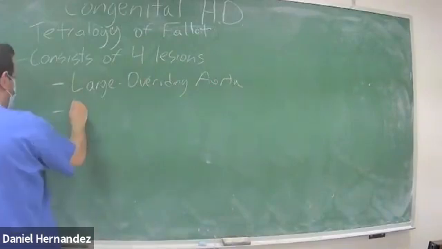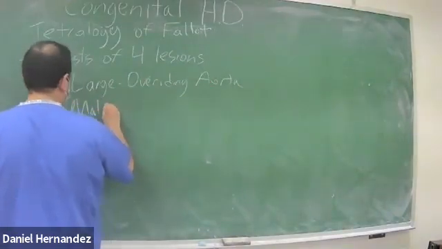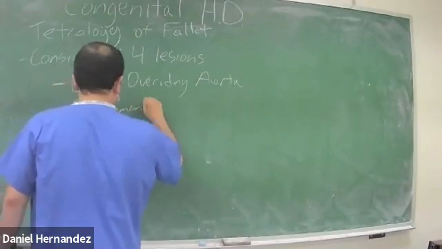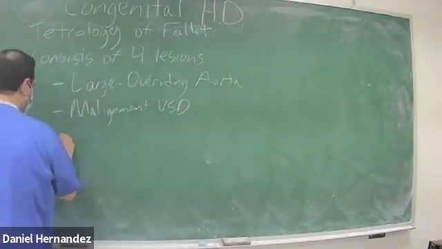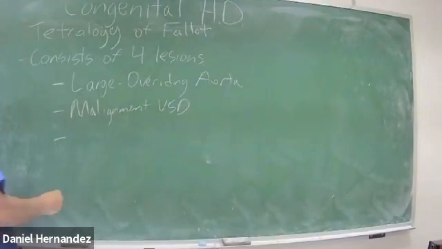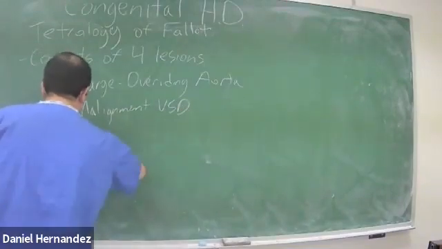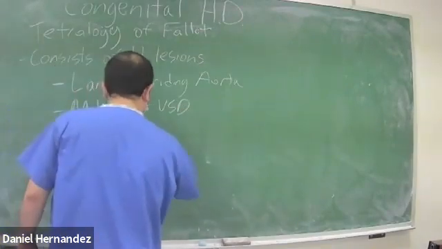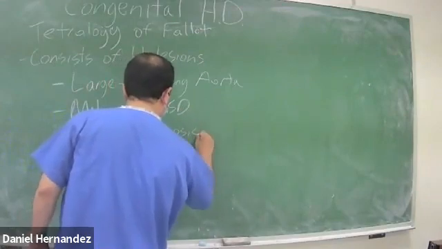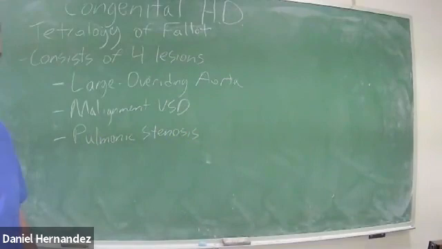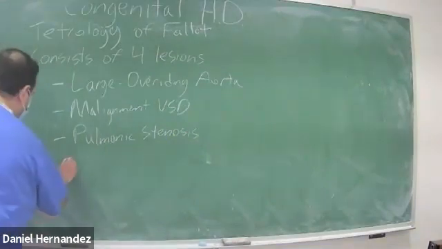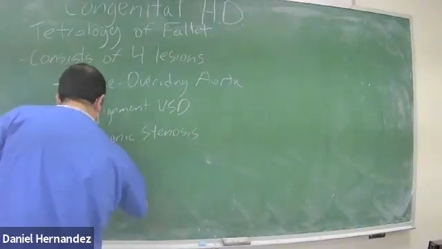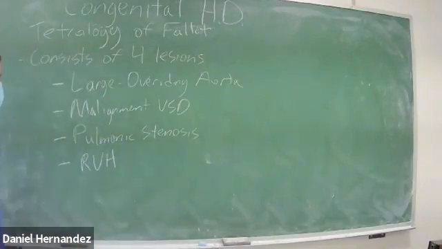Next is a malalignment VSD. The next one is pulmonic stenosis. If you have pulmonic stenosis, we're going to have RVH, or right ventricular hypertrophy.